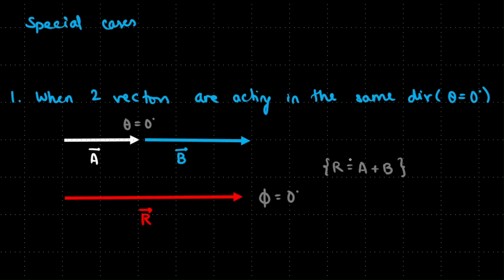Now let's take a look at how we got here. First of all, let's use the magnitude. We know that the magnitude of vector r must be the square root of a squared plus b squared plus 2ab cos theta. Theta is 0 degrees right now, so what is cos 0 degrees?